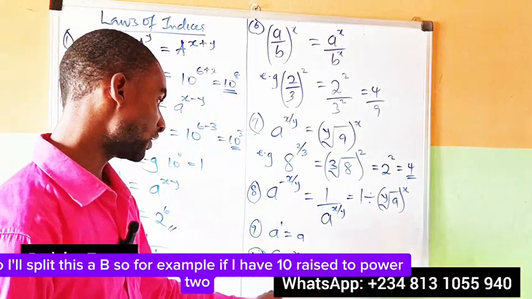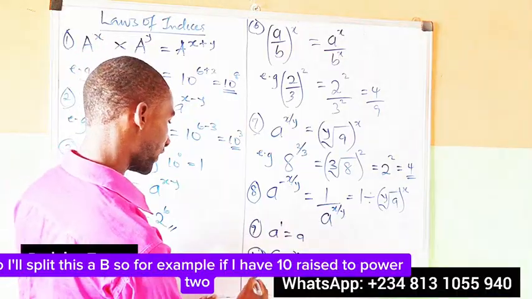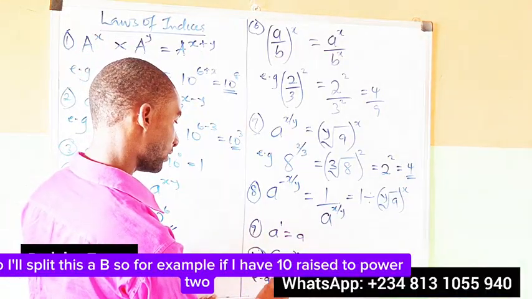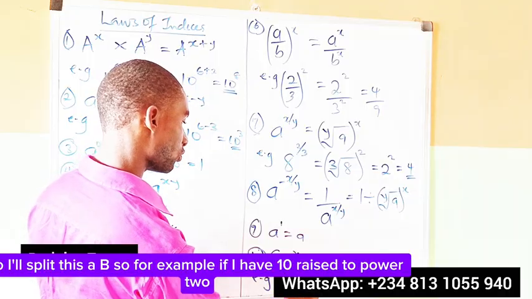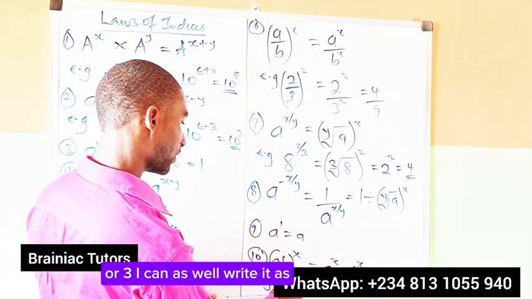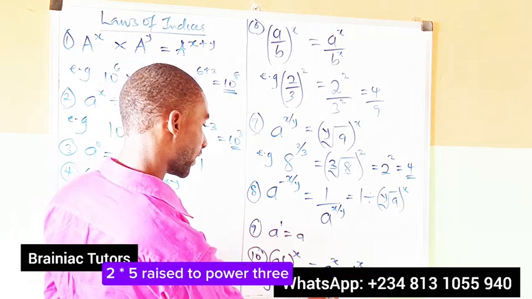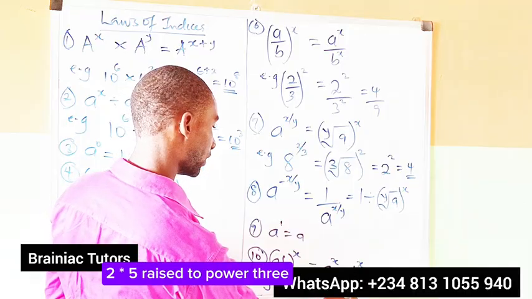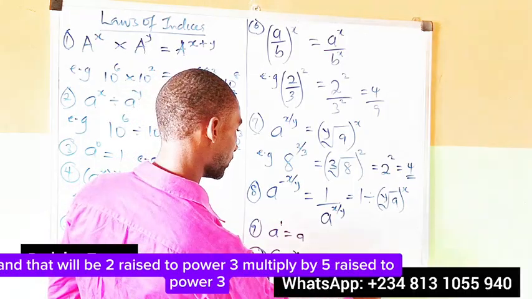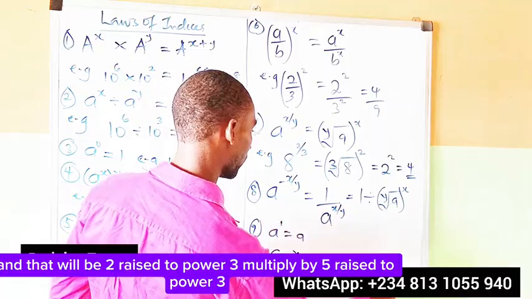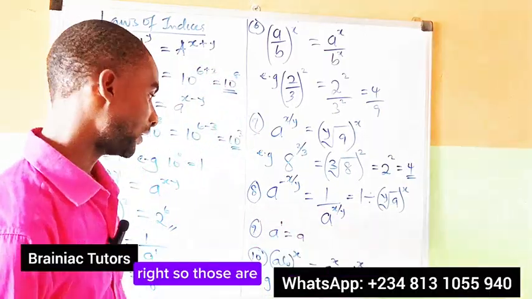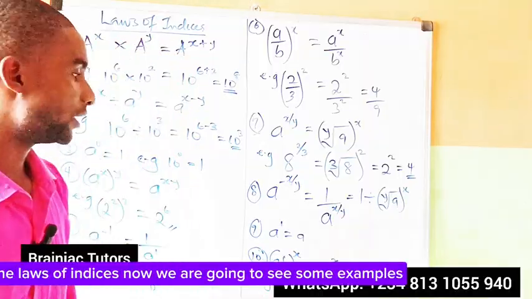So I'll split this ab. So for example, if I have 10 raised to power 3, I can as well write it as 2 times 5 raised to power 3. And that will be 2 raised to power 3 multiplied by 5 raised to power 3. Right. So those are the laws of indices.